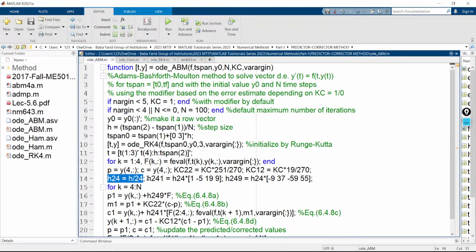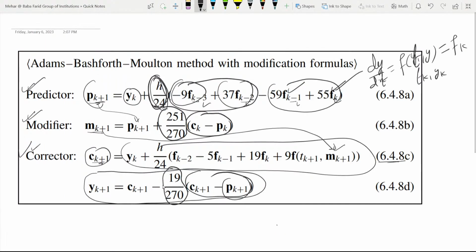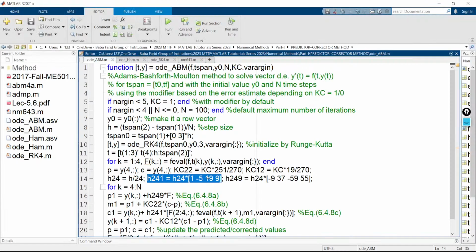Then we have H241 is equal to this value. 1, minus 5, 19, 9. Yes, this is 9, 19, minus 5, and this is H by 24.